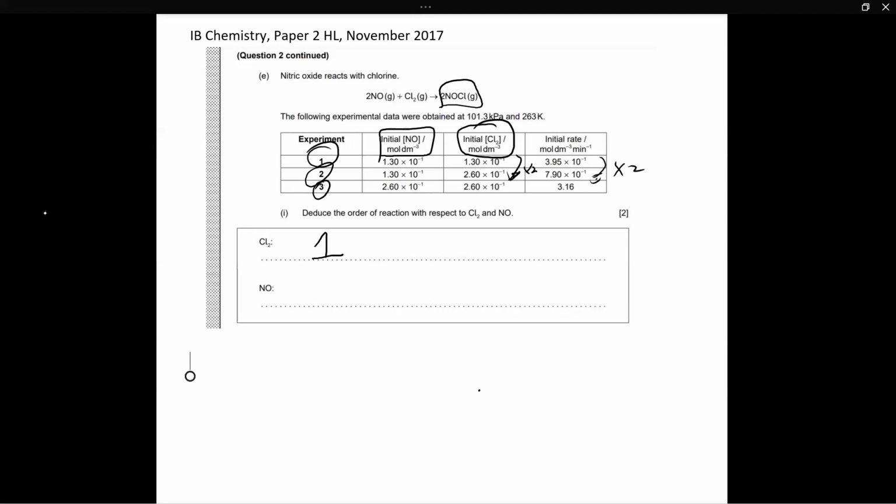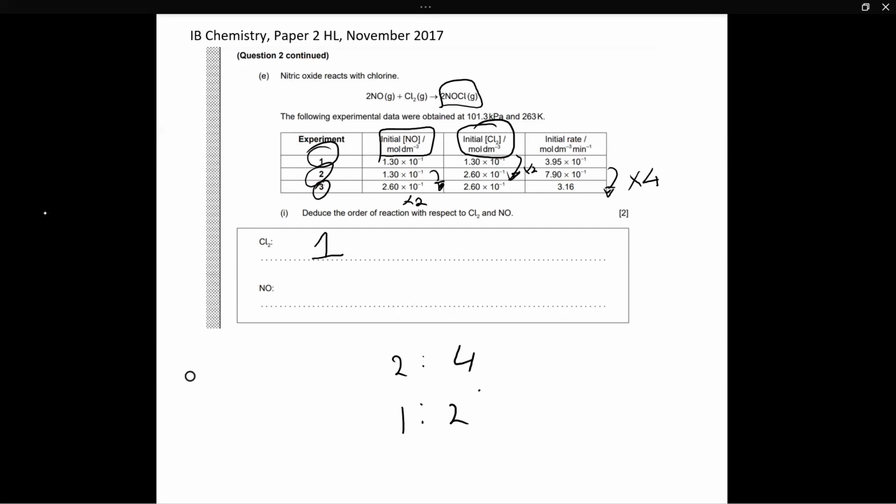We can see that when we doubled the concentration of nitric oxide while keeping the concentration of chlorine gas the same, the initial rate quadrupled. So as you can see, there's a 2-to-4 ratio here, or a 1-to-2 ratio. That basically means however much you increase or decrease the concentration of nitric oxide by, the initial rate will be impacted double of that, considering that we keep the concentration of chlorine gas the same.